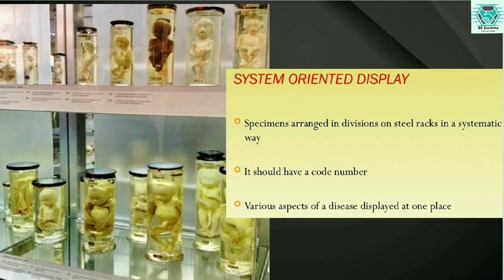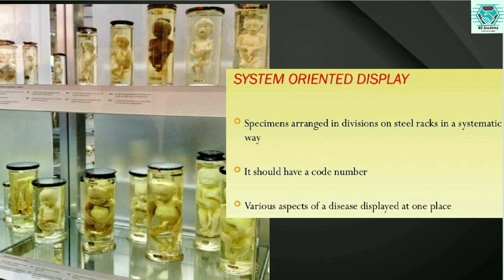So first we see how the specimens are displayed in the museum technique. Number one, the specimens are arranged in divisions on steel racks in a systematic way. It should have a code number. Various aspects of a disease are displayed at one place.